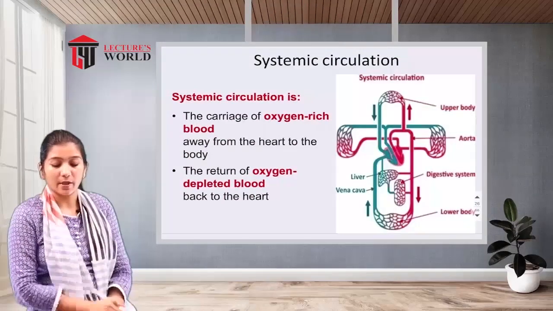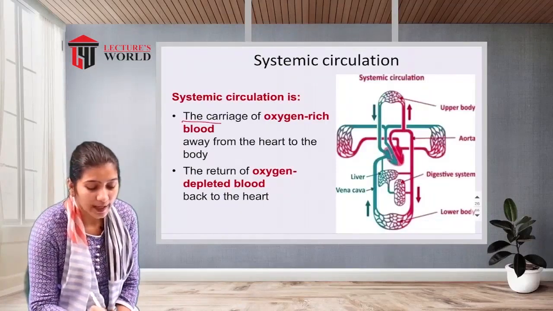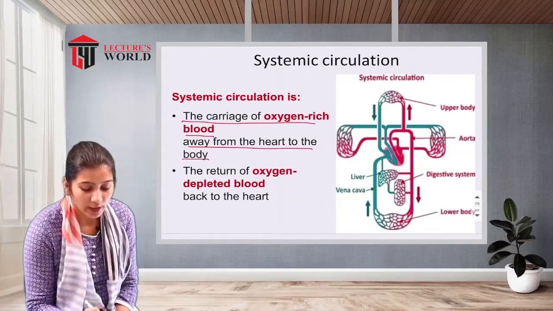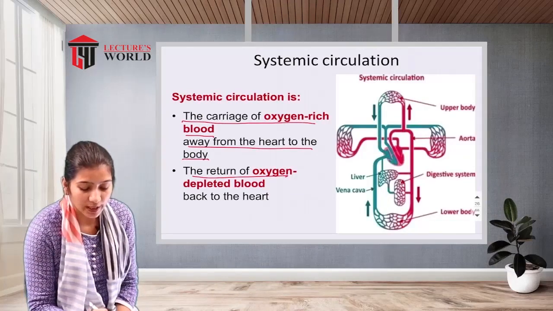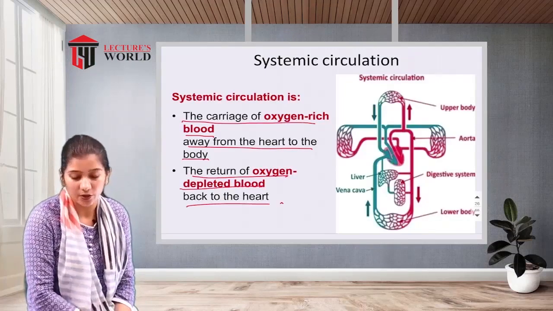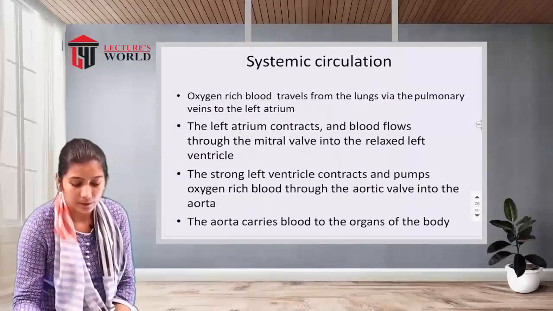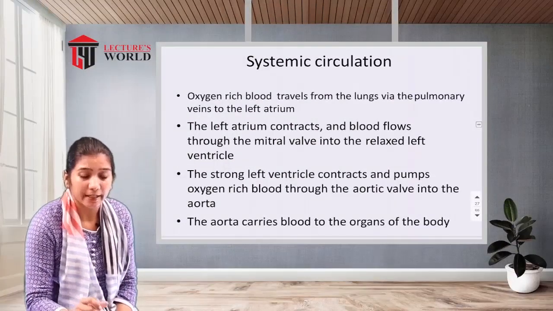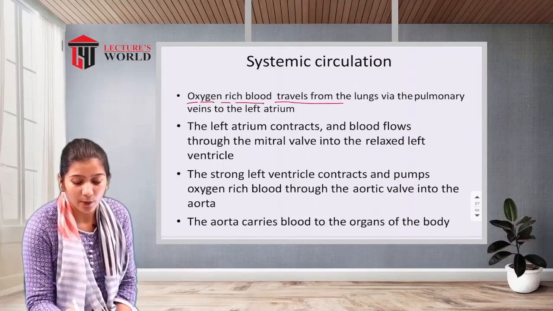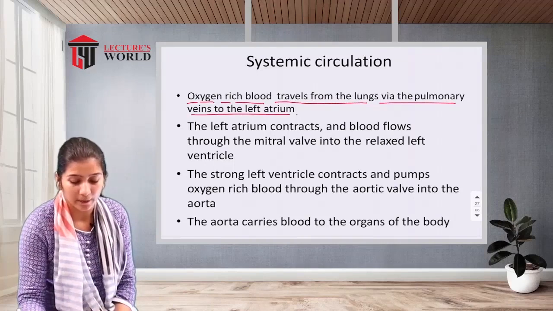Now what is the systemic circulation? It is the carriage of oxygen rich blood away from the heart to the body, and the return of oxygen depleted blood back to the heart. In detail, oxygen rich blood travels from the lungs via the pulmonary vein to the left atrium.